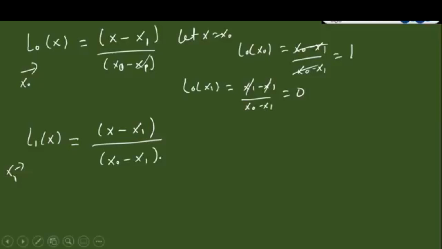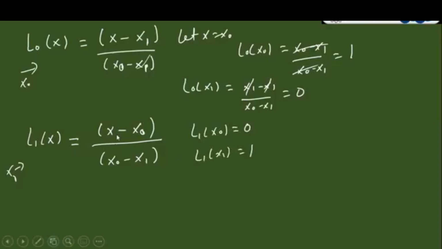Okay, so let's see. If I put x naught here, I will get 0, which is correct, because L1 has to exhibit the following characteristic: if you put x naught there, it has to be 0, and if you put x1, it has to be 1.